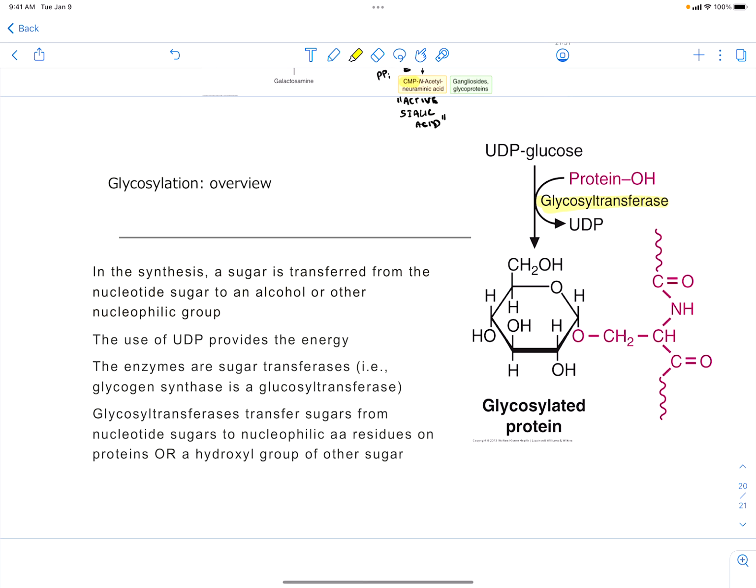Again, they're going to be specific for the sugar as well as the nucleotide attached to it. And so a glycosyltransferase is going to transfer sugars from the nucleotide sugar to a nucleophilic amino acid on proteins, or it could be a hydroxyl group of another sugar. But here again, we're doing a glycosylated protein.